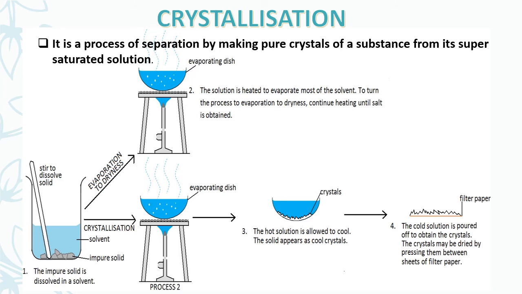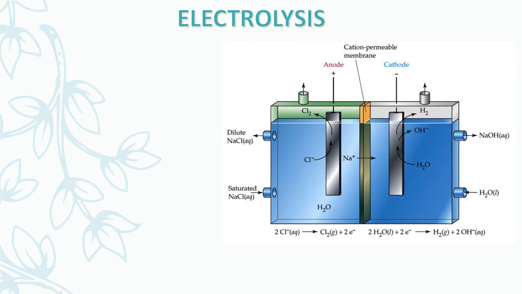By using the electrolysis process, we can separate water into oxygen and hydrogen gas. Here is an example of electrolysis of sodium chloride solution, that is the brine solution. These are the separation techniques we have to remember throughout this chapter, and each one is very useful as we use these techniques in our day-to-day life.